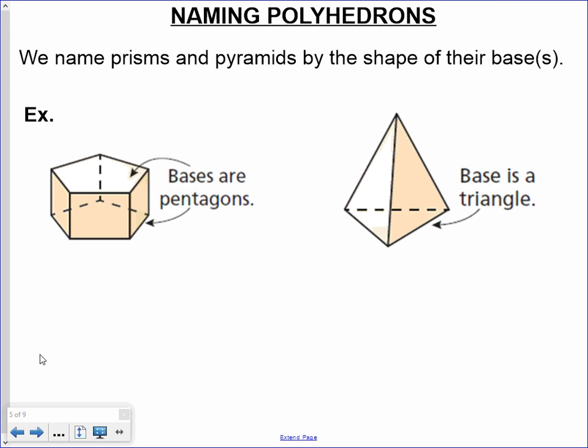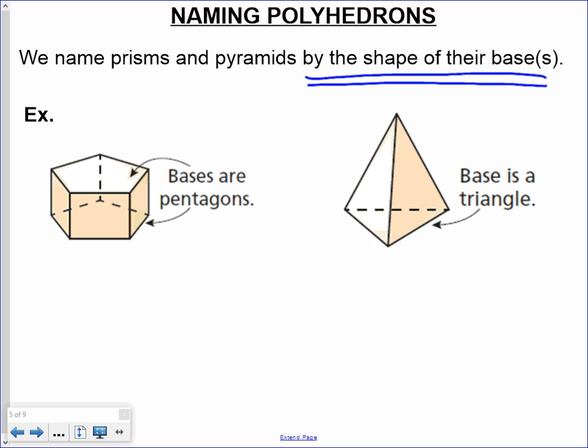Now, naming polyhedrons, and this might be worth jotting down somewhere. We name prisms and pyramids by the shape of their bases. Okay? So this first example, I know it's not on your sheet, but if you just put your eyes up here for a second, is a prism. It has 2 different bases.